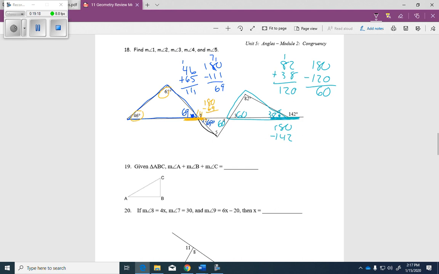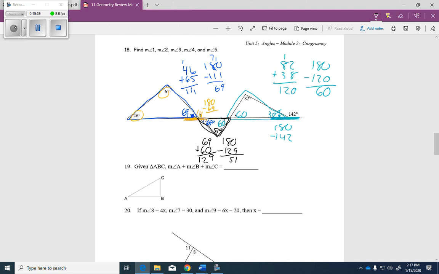Right here, this triangle should make 180. So I have 69 plus 60, and then 180 minus 129 is 51.